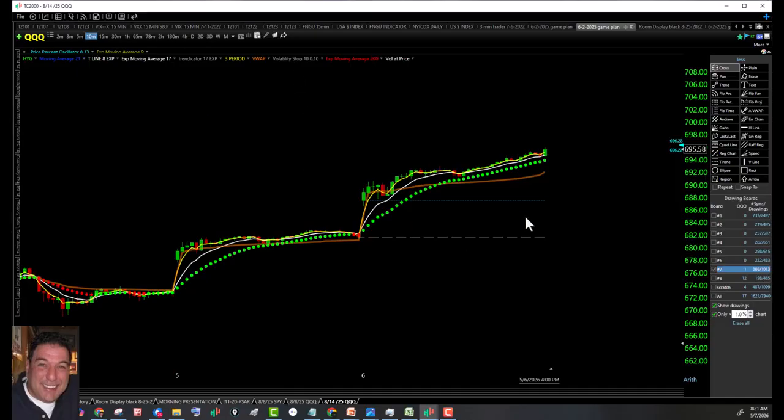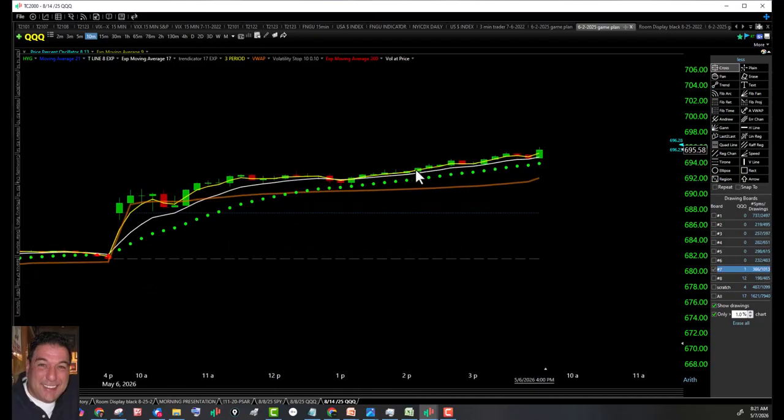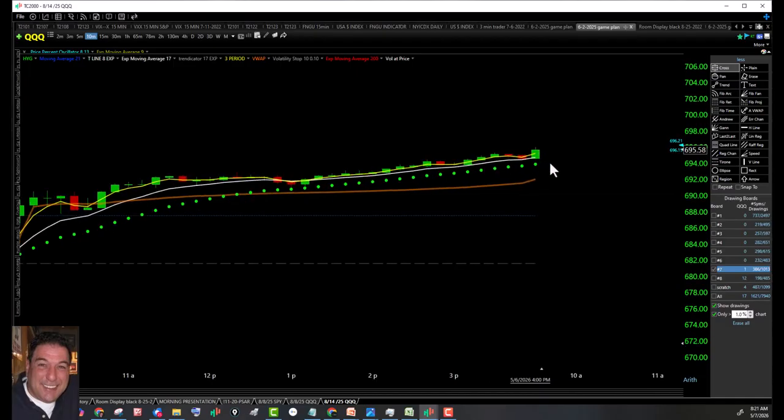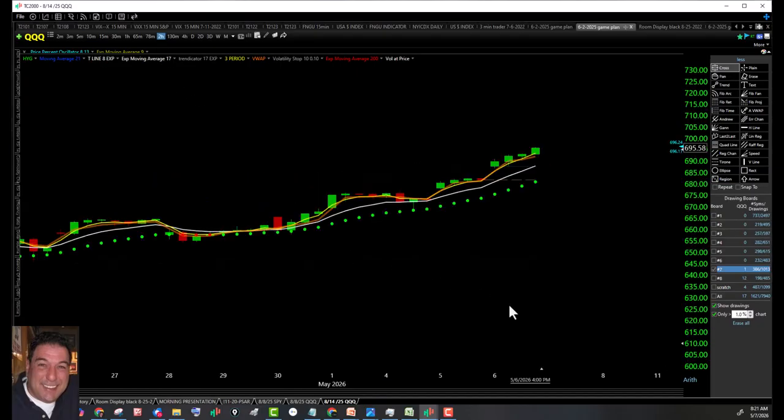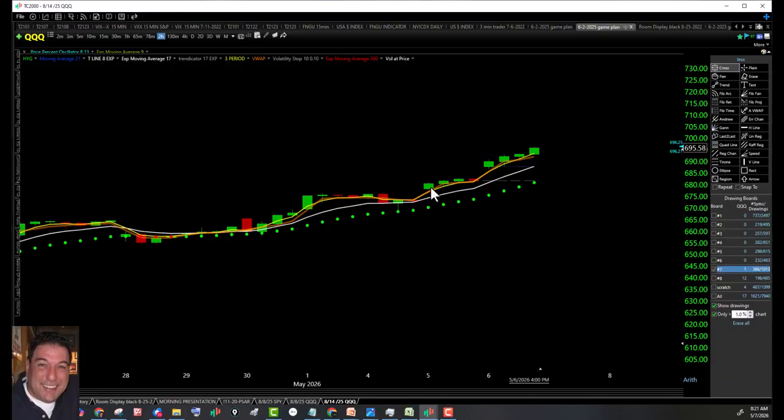Okay, so here's QQQ on the 10-minute chart. You can see the sticks and the 3 EMA are all plotting up over the rising 8. You got daylight between the 3 and the 8 right here at the end of the day. 10-minute uptrend coming into the close. 2-hour chart, you got the sticks and the 3 plotting up over the rising 8.